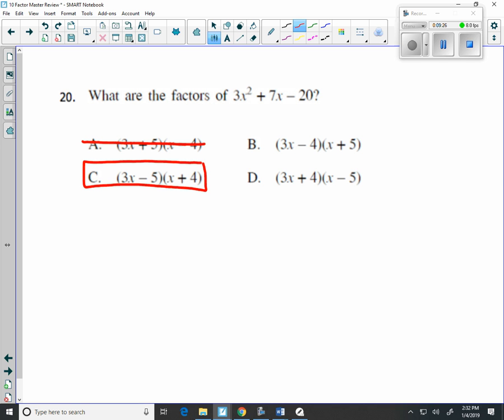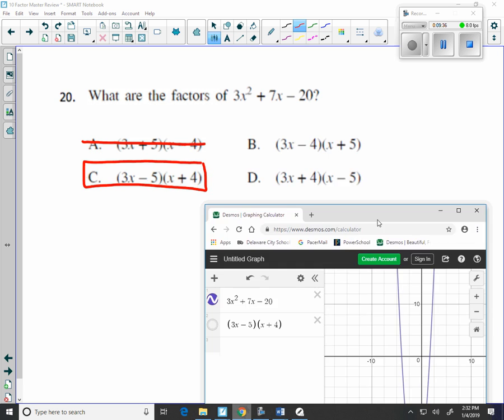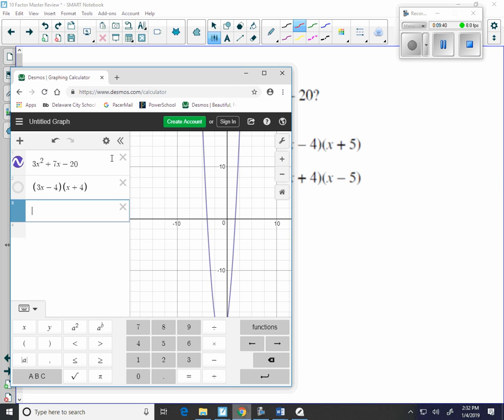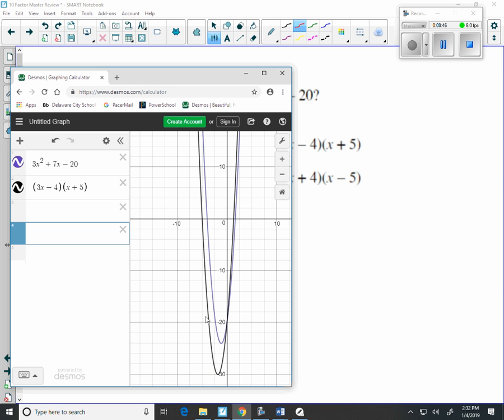Let's try the other two and just make sure they don't work. I like to be thorough. So 3x minus 4 and x plus 5. And those are not right on top of each other.